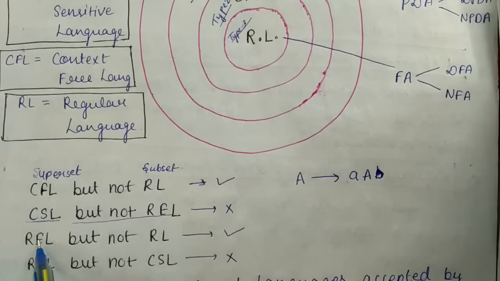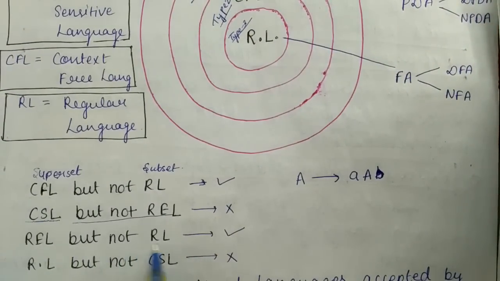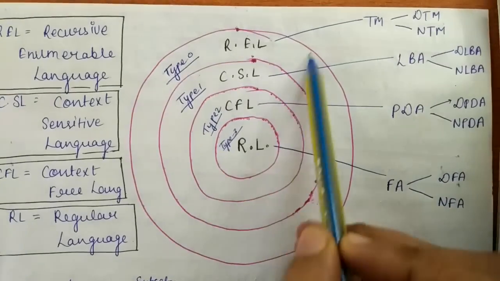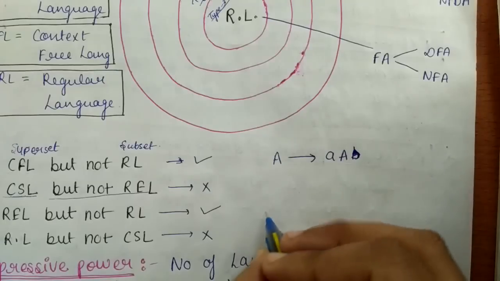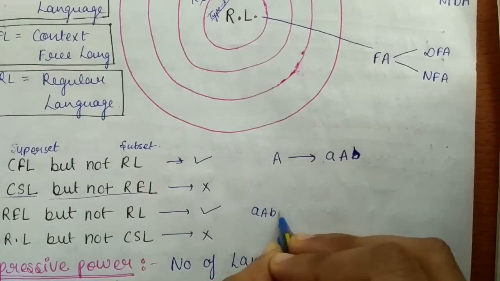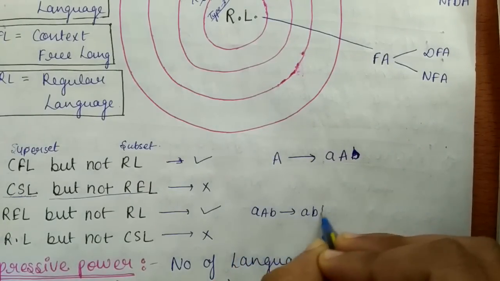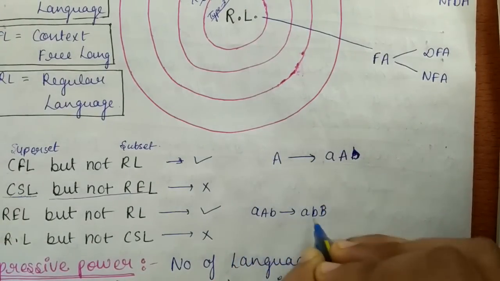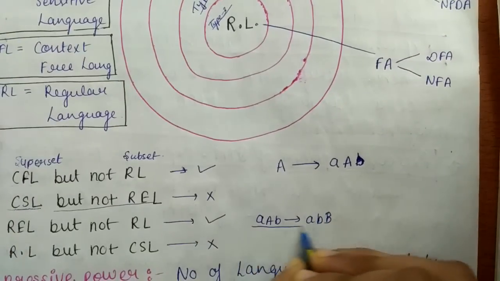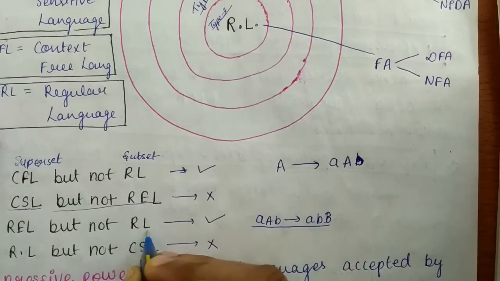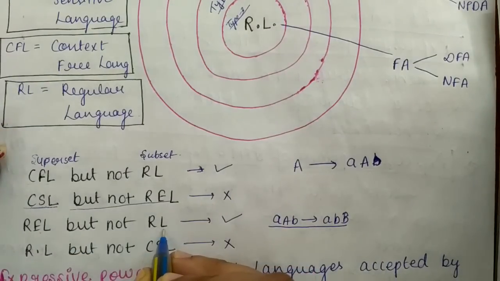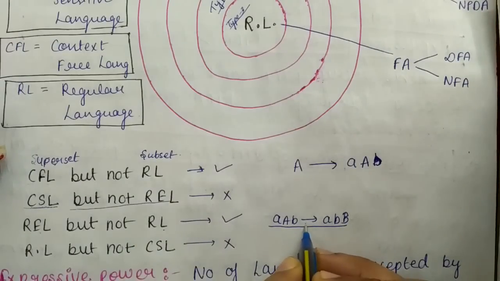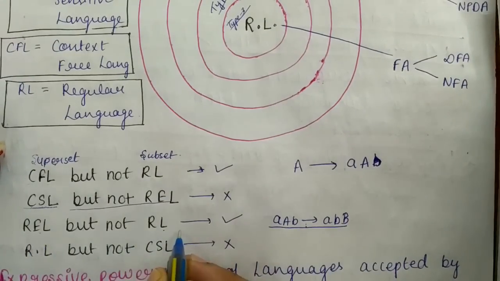Now the third one is REL but not RL. If I take an example, AAB, ABB, this language is REL but not a regular language. Of course, because this is a superset and this is a subset, so it can belong to the superset but not the subset.